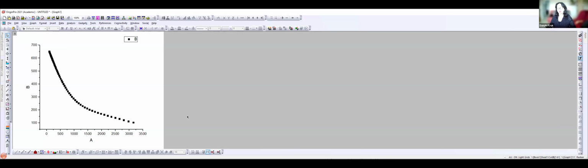And I have quite a nice linear dependence. There is no doubt about it. The question is, of course, that the quality of my fit depends on the range which I choose here. Well, this is not so easy.